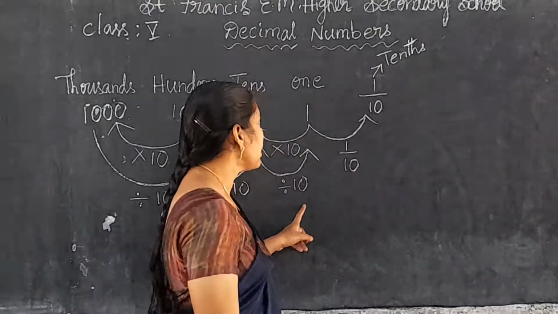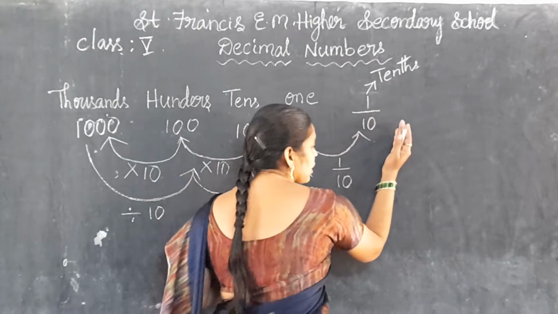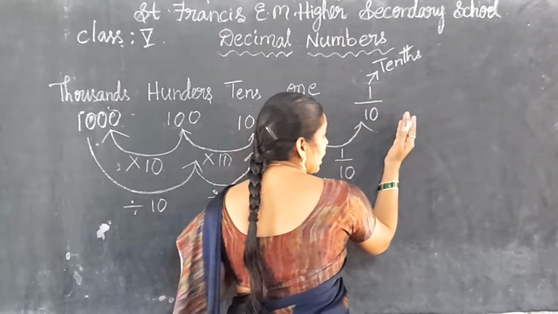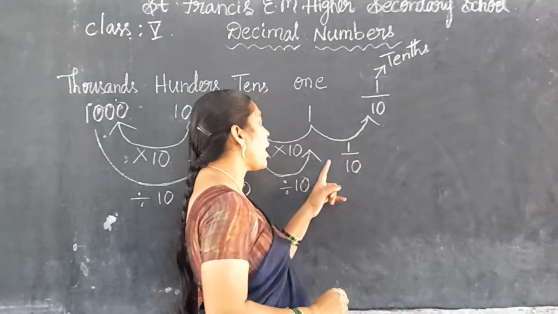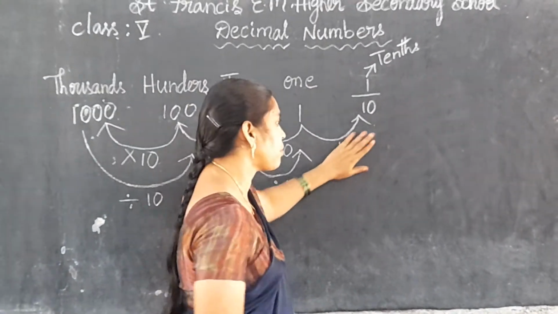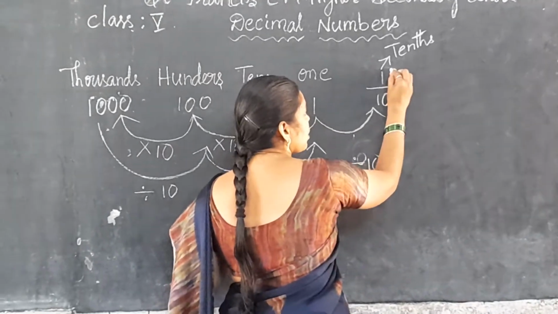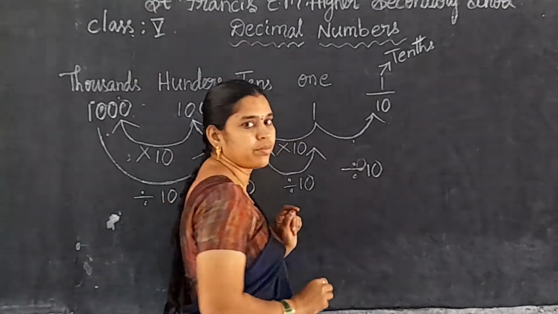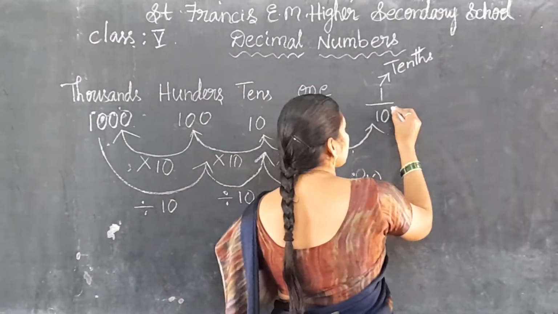Is it clear, children? Ones place, you are going to its right side. You should divide the ones place digit by 10. Then its value is 1 by 10.